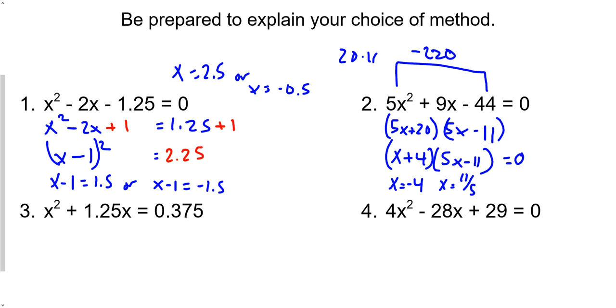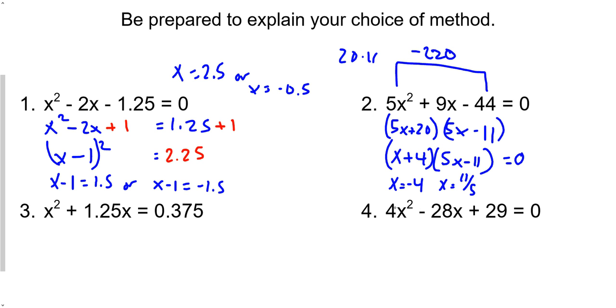You could try multiplying by 8 and you'll get 8x squared plus 10x equals 3. That would work, and it would actually factor if you did that. So you will get nice numbers for this one, and I suspect you'd get nice numbers for this one too.